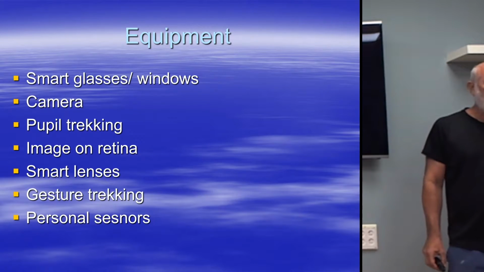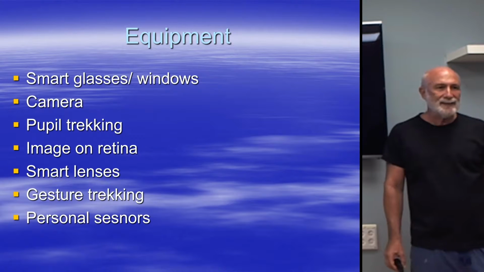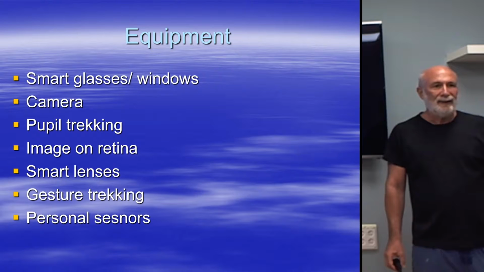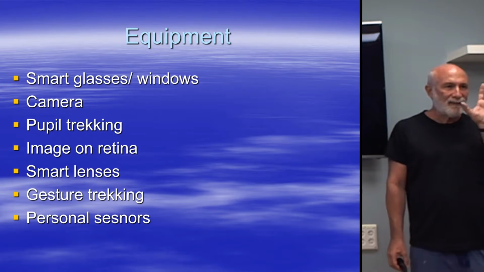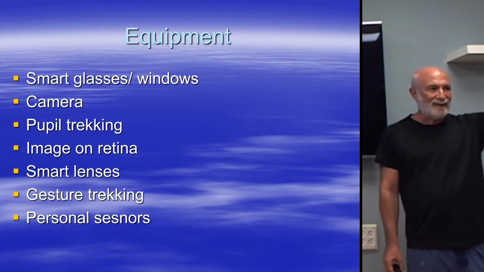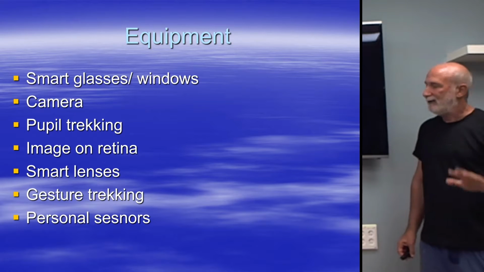Basically, augmented reality is using smart glasses, or will be using smart glasses, although there is talk about windows or the windshield of a car being used as well. So the things that you are looking through need to have the smarts for augmented reality.